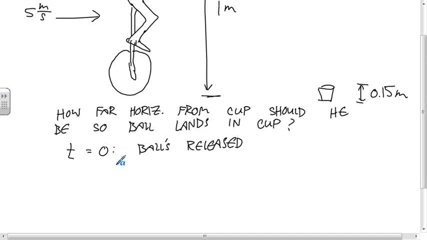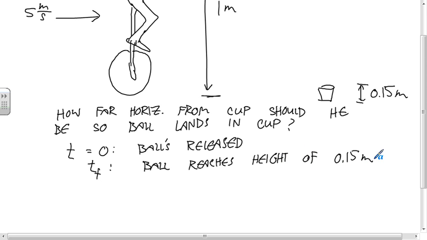And what do we want to choose as our time final? Yeah, when it goes in the cup. There's a few ways to specify that, I suppose. I'm going to say when the ball reaches a height of 0.15 meters. Okay.